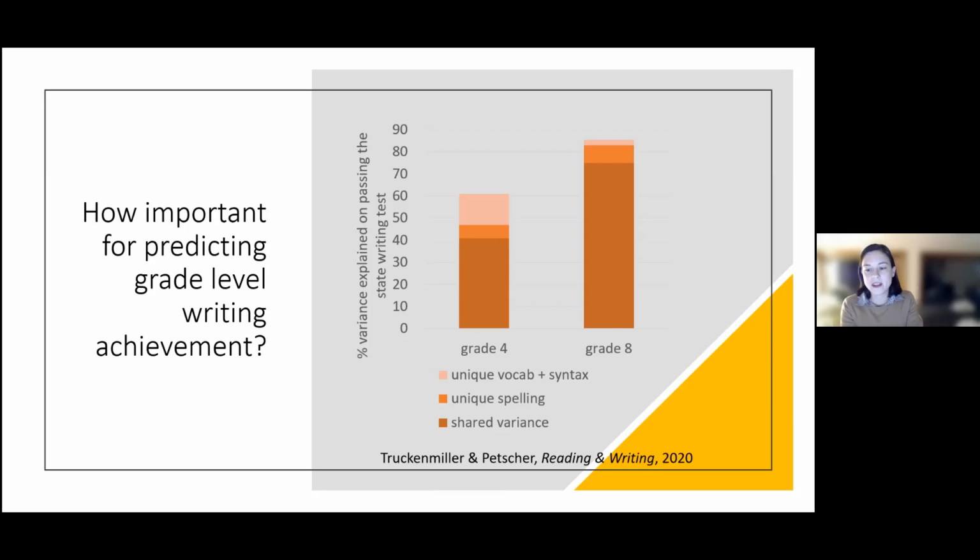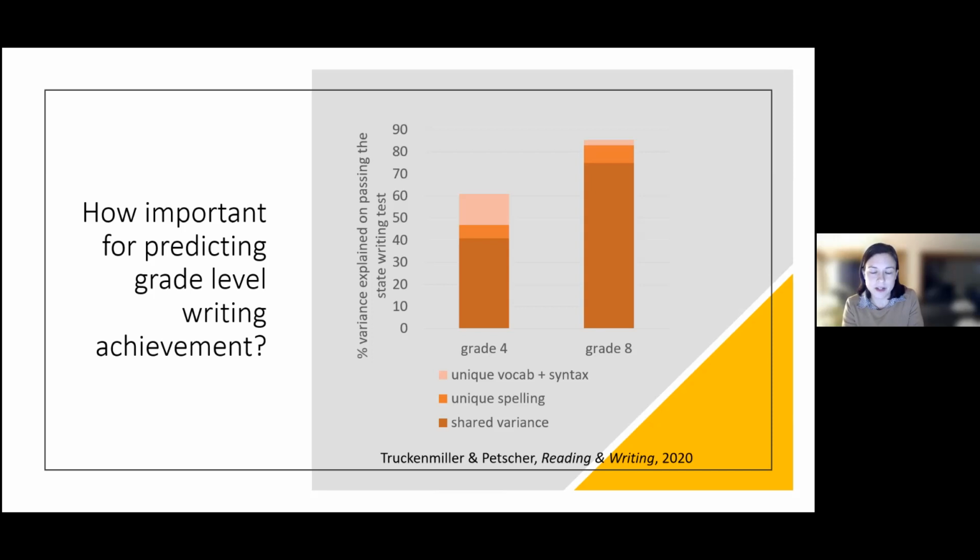So Yakov Petcher and I did a study where we looked at, particularly for writing achievement, just how much we need to pay attention to vocabulary knowledge and syntactic knowledge. And so we looked at 2 grade levels where, in Florida anyway, written composition is tested in the state achievement test.